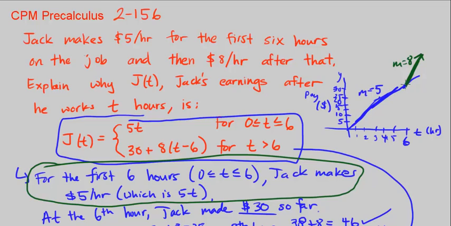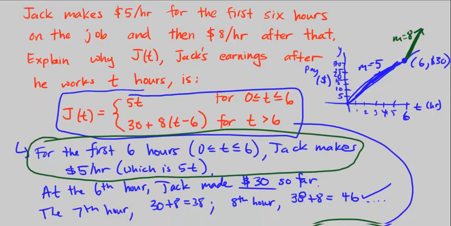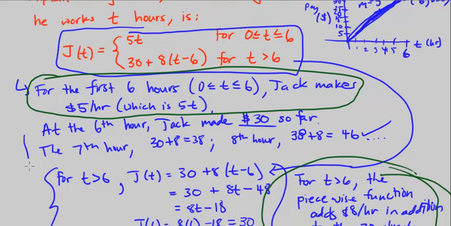Here's the graph, and you can see that the two sections meet at this point, 6, $30. That would be a graphical explanation, and also using words and algebra to explain this problem. Okay, so that ends for us CPM Precalculus Chapter 2, number 156.